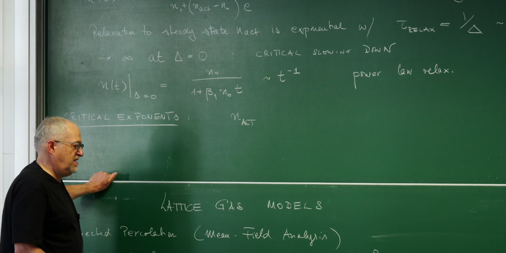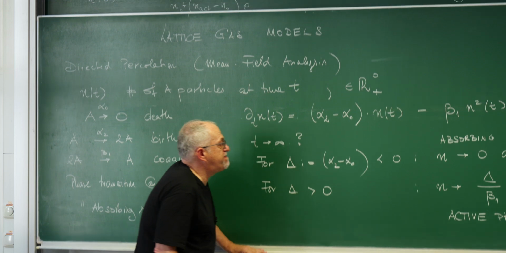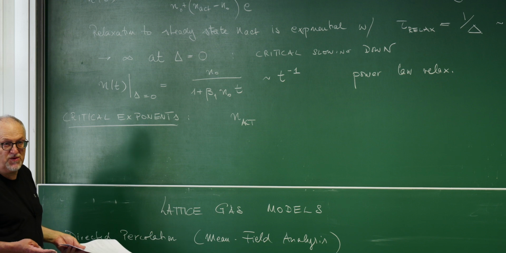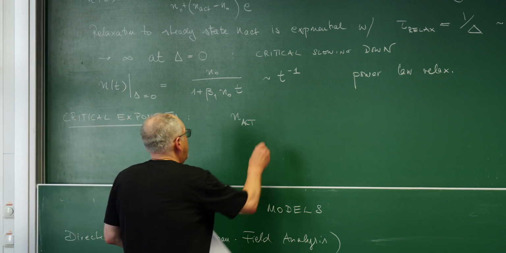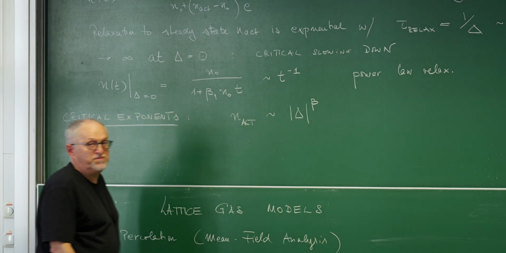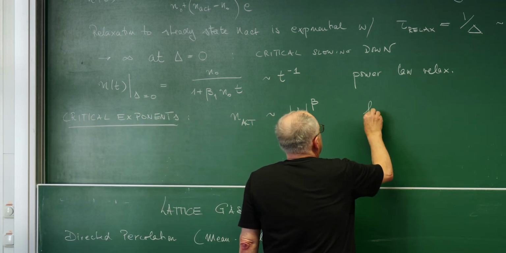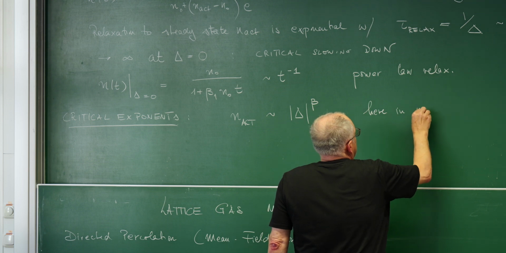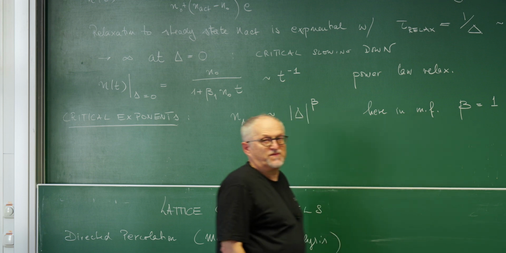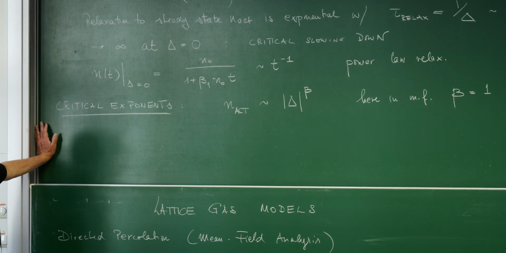Well, that's easy to calculate because this is just delta over beta 1. In general, if we were to account for fluctuations, which we don't do yet, you would have something like delta with an exponent beta, generalizing the result that we have in mean field. So here in mean field we have beta equal to 1. So not a half like you might recall from the Ising model, but beta equals 1.